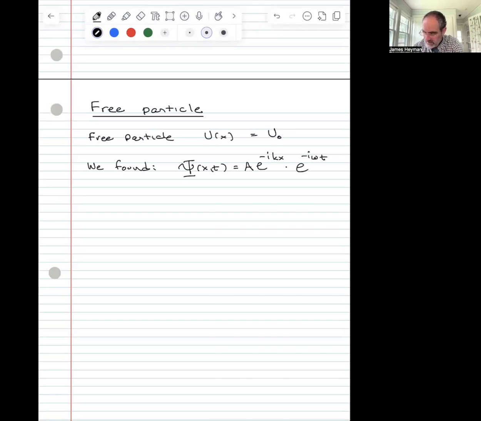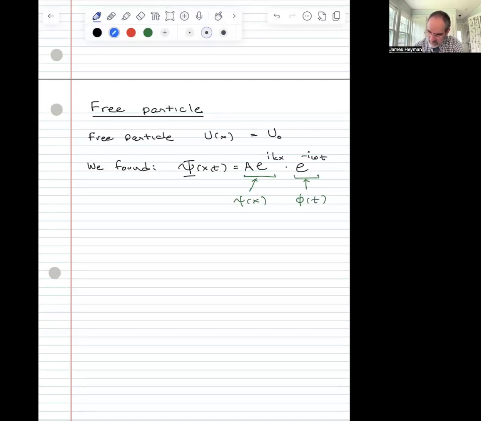Now, first of all, can you see this is in fact in the separable form, because the first part of the wave function only depends on position, while the second part, e to the minus i omega t, depends only on time. Okay?